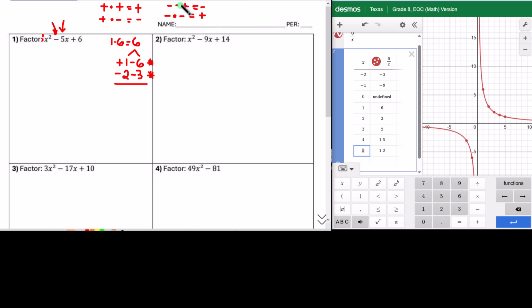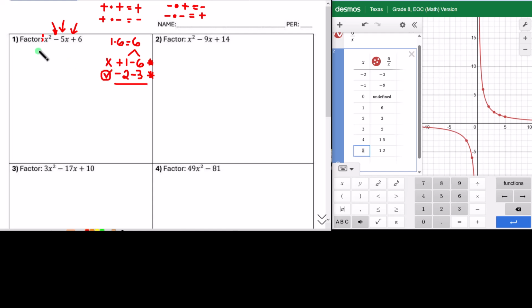This rule you need to have memorized. Now we look at the sign of the last term, which is positive. Is a negative times a positive equal to a positive? No, that is a false statement. How about a negative times a negative? Yes, it is. So the pair that works for this problem is negative 2, negative 3.